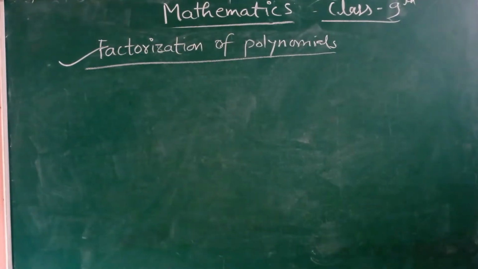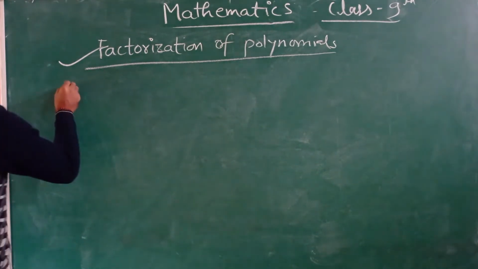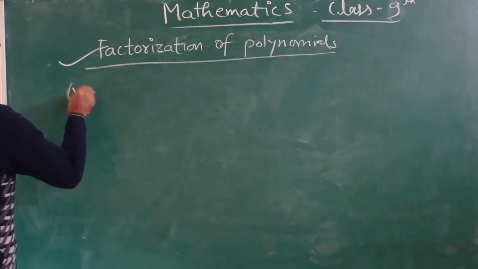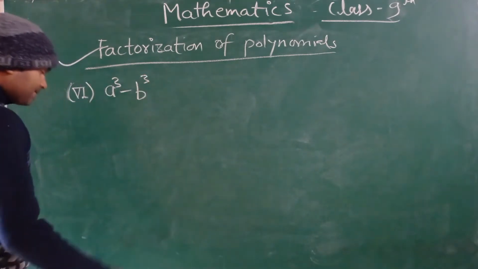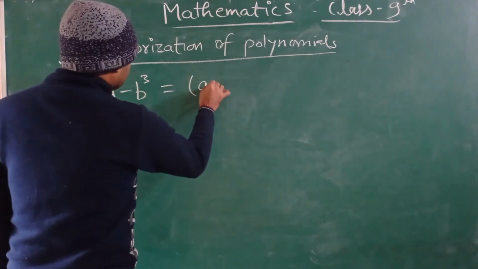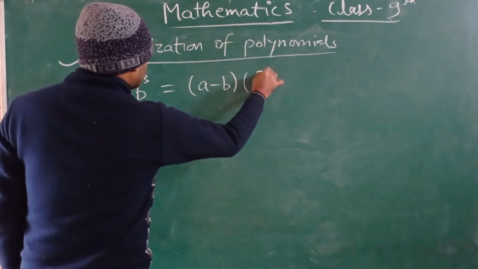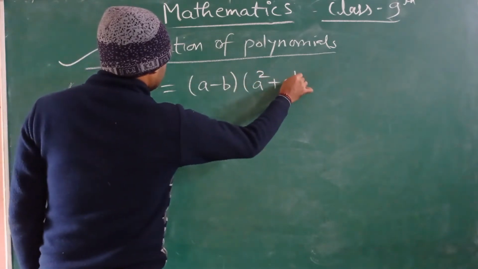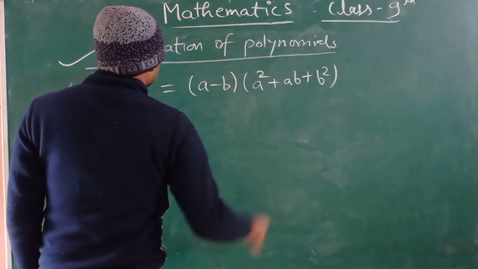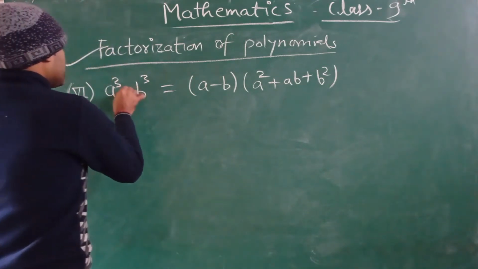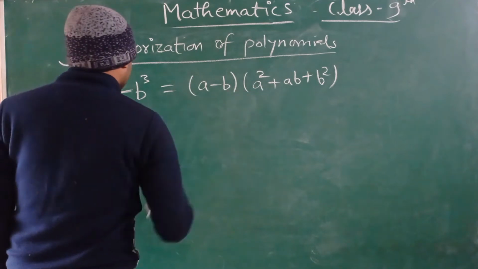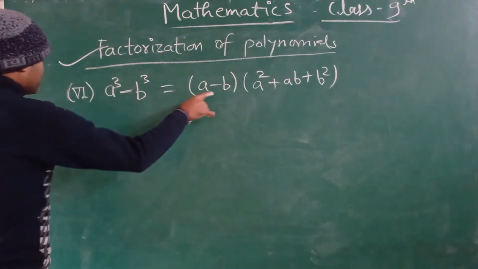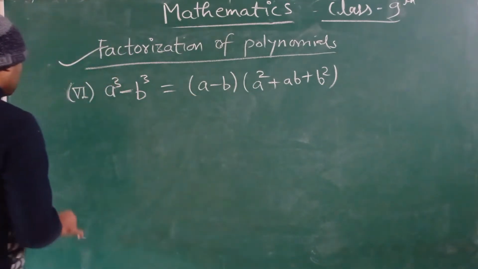So a cube minus b cube is given by a minus b into a square plus ab plus b square. In case of a minus sign, here all are positive signs. In case of a positive sign, here is a negative sign. And the first bracket is the same as in the formula.